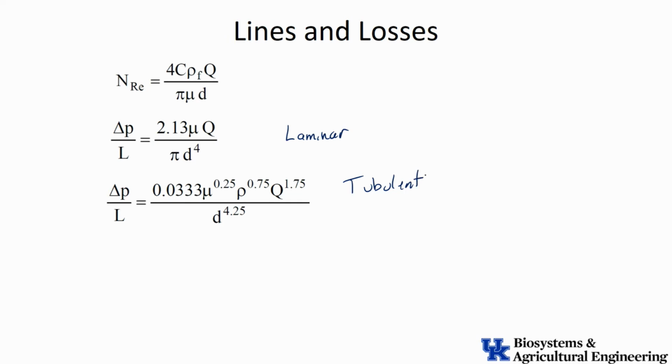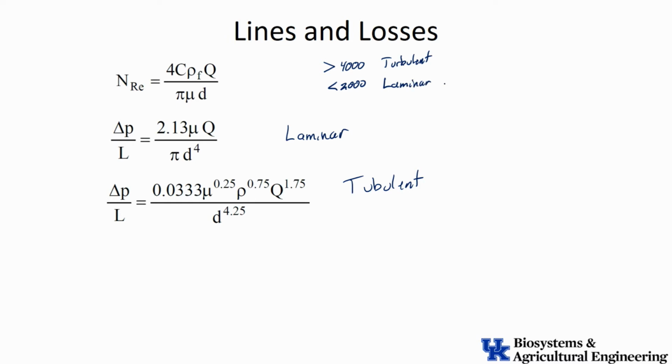You probably remember that laminar and turbulent flow are defined by the Reynolds number, so you calculate that Reynolds number. If it's greater than 4,000, that puts me in the turbulent region. If it's less than 2,000, that puts me in the laminar region.